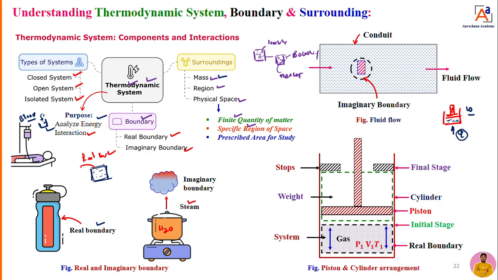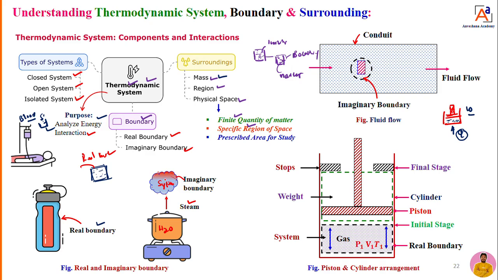When the steam is coming out of the system and entering into the surroundings, it has a boundary, but we can only imagine it, we can't see it. Then that boundary we can call an imaginary boundary.